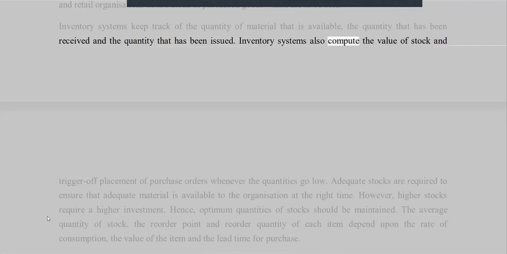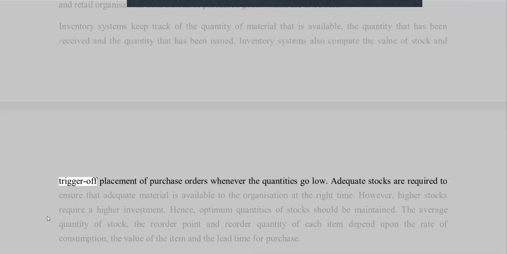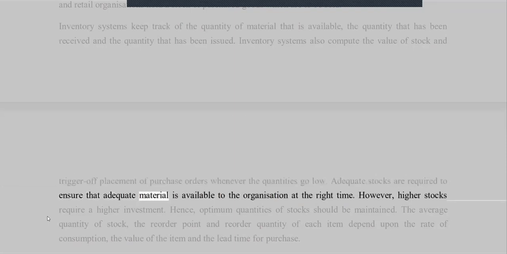Inventory systems also compute the value of stock and trigger off placement of purchase orders whenever the quantities go low. Adequate stocks are required to ensure that adequate material is available to the organization at the right time.